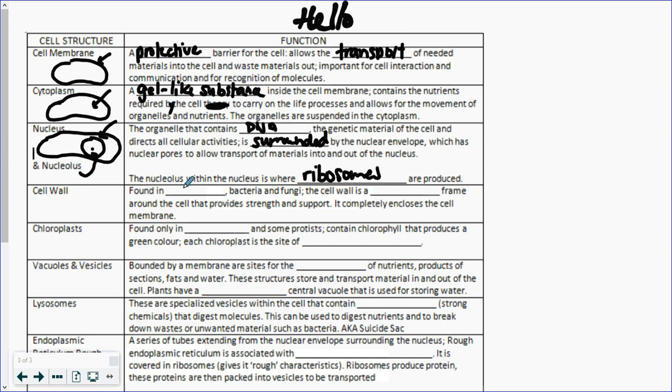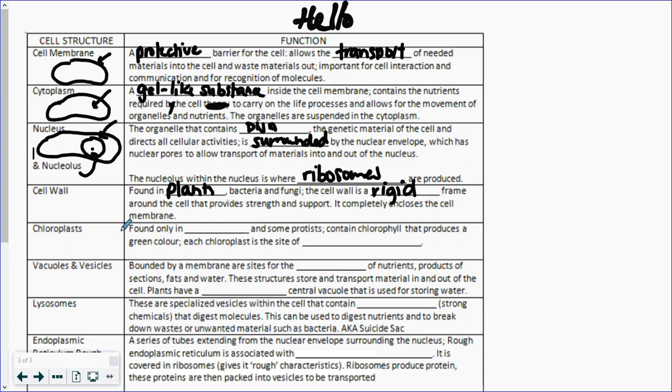The cell wall is found in plant cells, also in bacteria and fungi. The cell wall is actually a very rigid frame around the cell that provides strength and support.